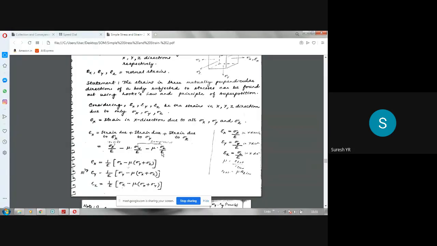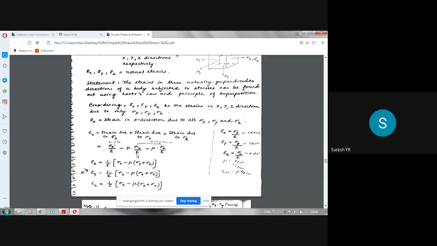Similarly, in z direction also, mu times sigma z by E. So sigma z by E is the linear strain that should be multiplied by mu to get the lateral strain. So please note that the first one is the linear strain, and the second and third terms are lateral strains. If you add all these three, you are going to get the total strain in x direction.